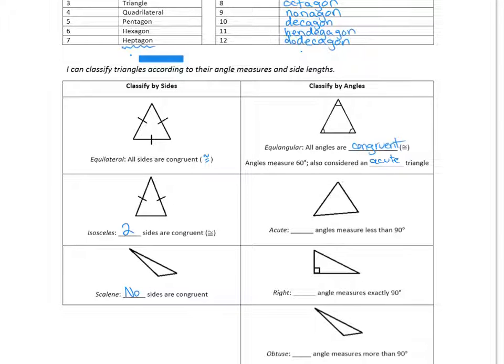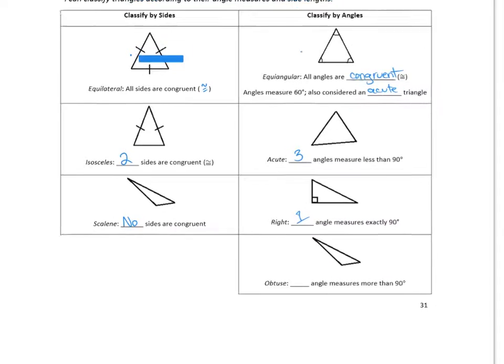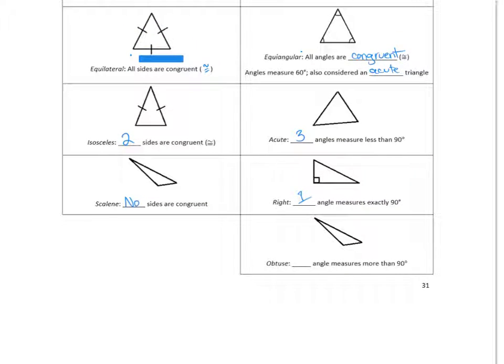So coming down, an acute triangle has 3 angles that measure less than 90. A right triangle has 1 angle exactly 90, and an obtuse triangle has 1 angle that measures more than 90.